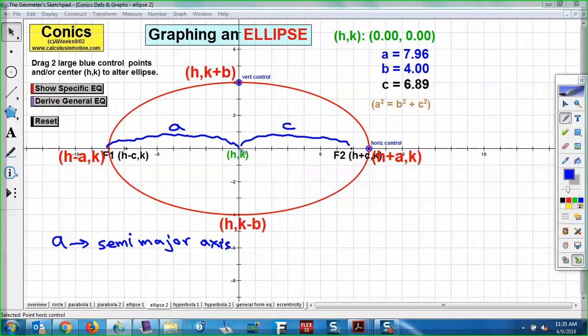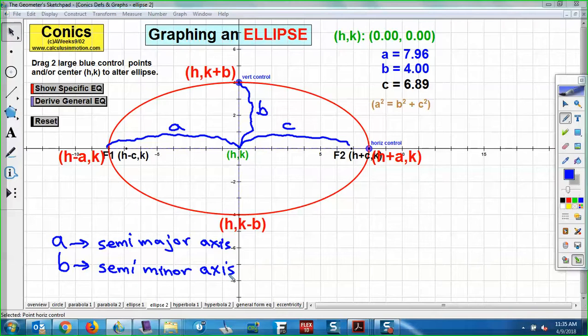And then this distance up here is B. Okay, and that would be the semi-minor axis. That's the shorter one. So major is for the longer, minor is for the short. Okay?